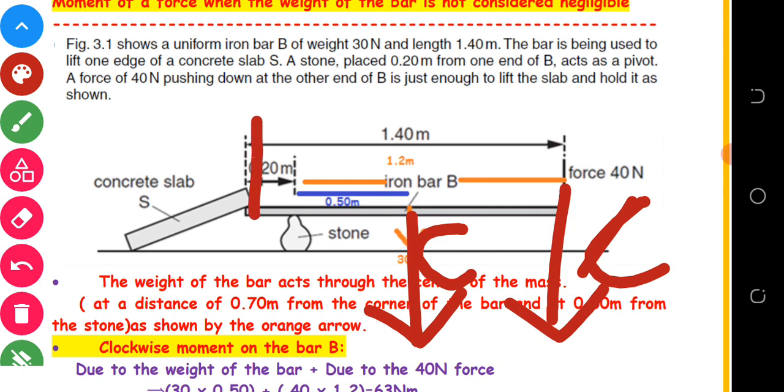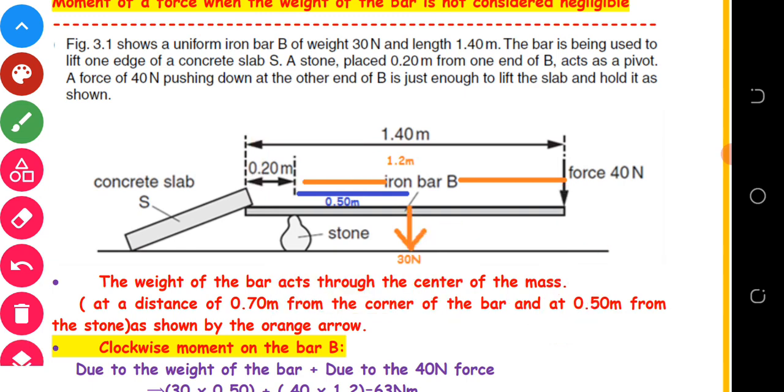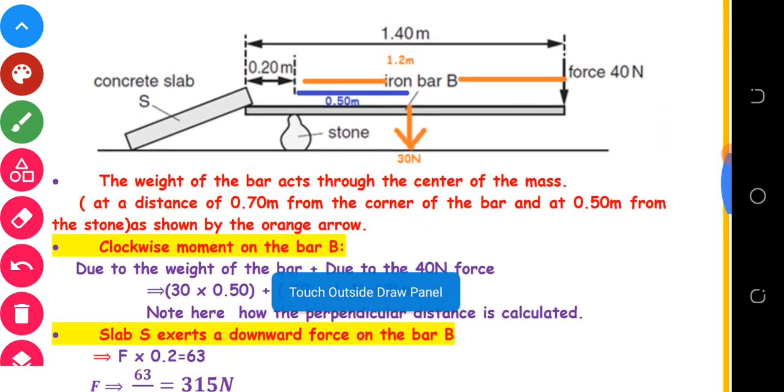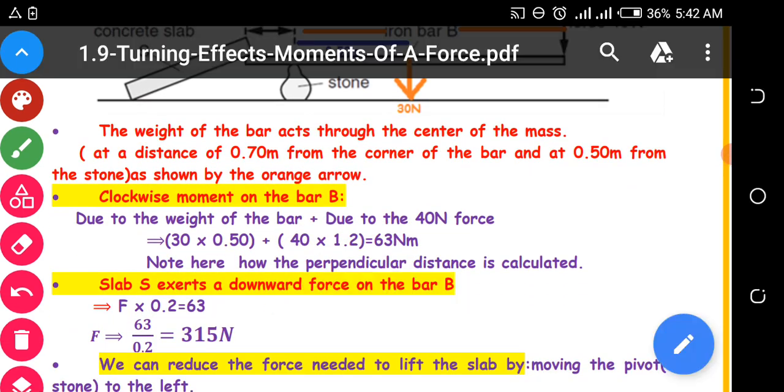And then we have the third force, the force holding up this concrete slab, and this force is in the anti-clockwise direction. So now we want to see whether this object is in equilibrium. For an object to be in equilibrium, the sum of the clockwise moments should be equal to the sum of the anti-clockwise moments. So let's start with our clockwise moments.